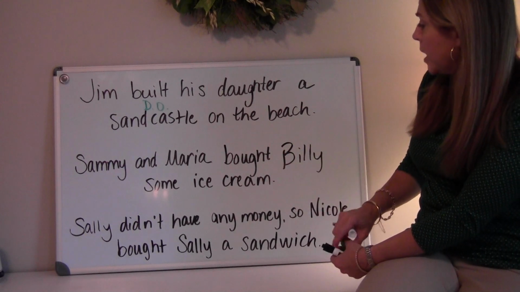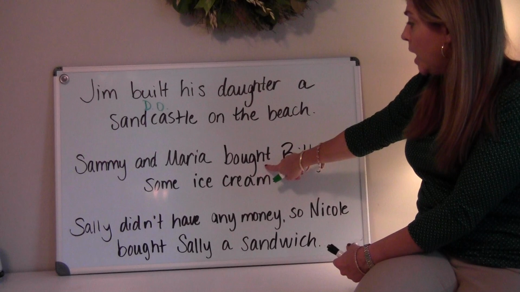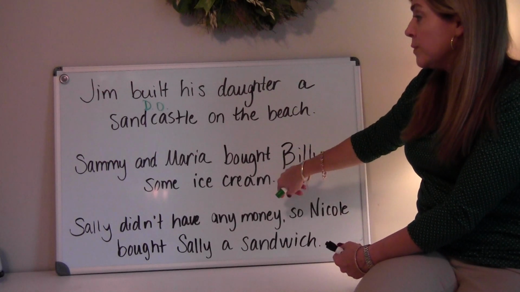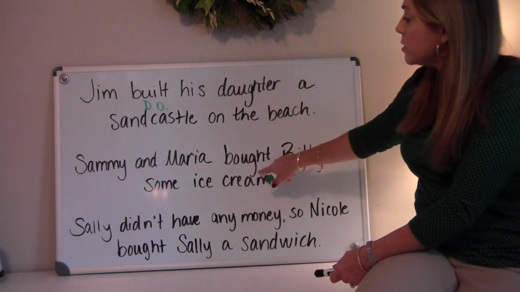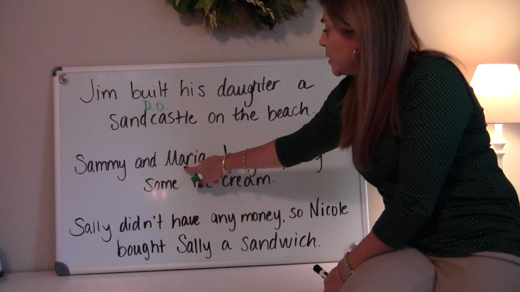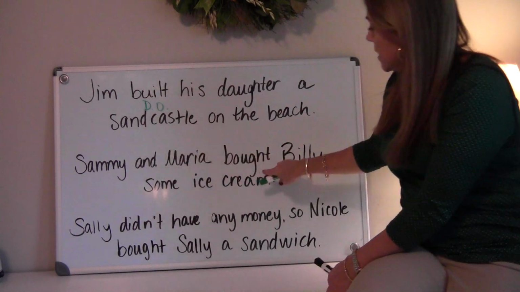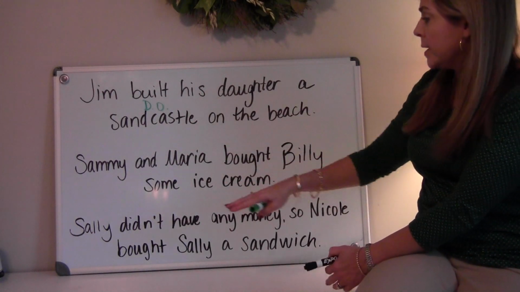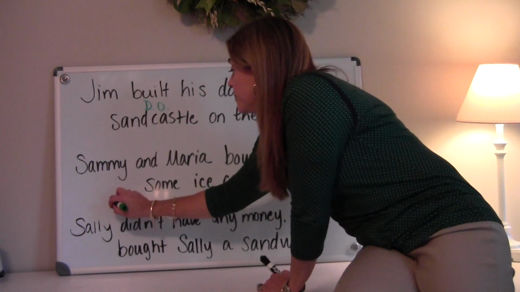Sammy and Maria bought Billy some ice cream. My verb is bought. So then to find my subject, I ask, who bought? And the answer is Sammy and Maria. So Sammy and Maria are the subject. Bought is the verb. And now I make my formula to find the direct object.